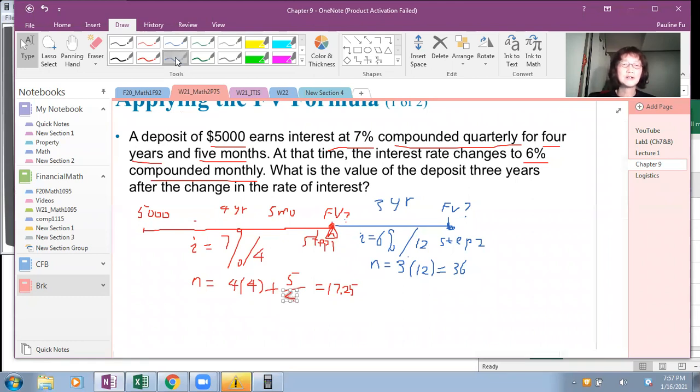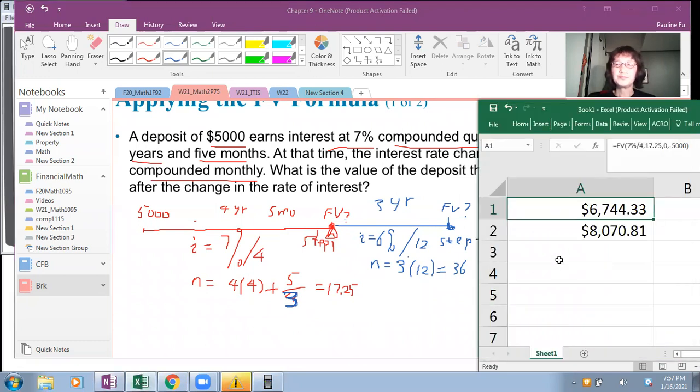The reason is a good lesson. This should be divided by 3, not 4. Why? A quarter has 3 months. So 5 months is 5 divided by 3 quarters. So the result should be 5 divided by 3, not 4.